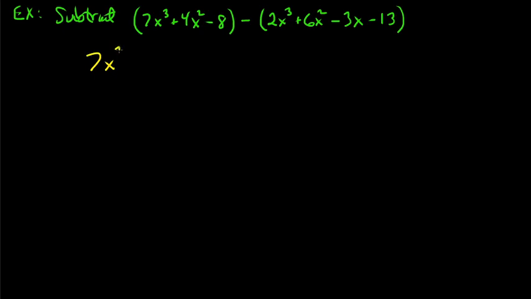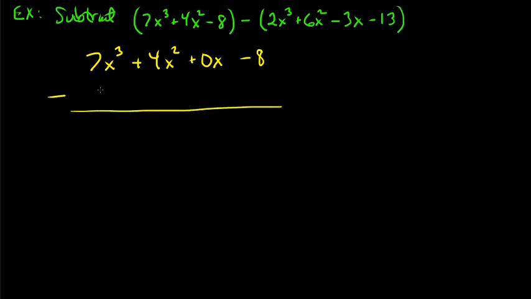So we'll do 7x cubed plus 4x squared. Now be careful: it's minus 8, but there's also a missing 0x here. And then we're going to subtract 2x cubed plus 6x squared minus 3x minus 13.